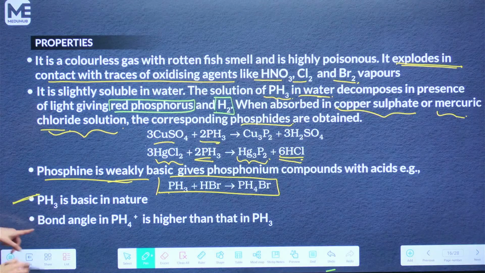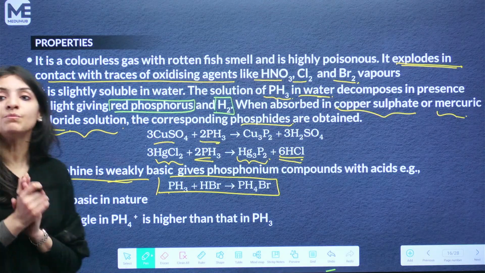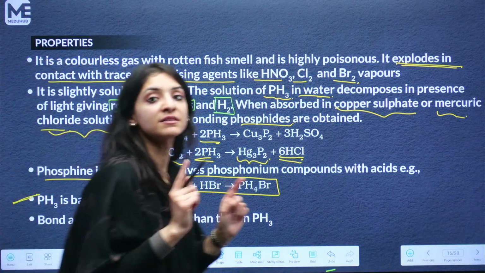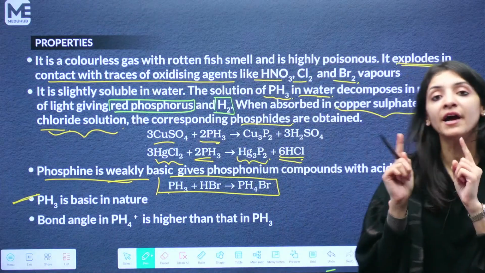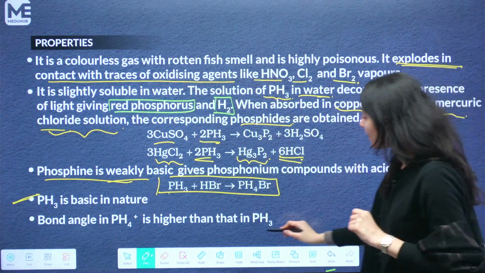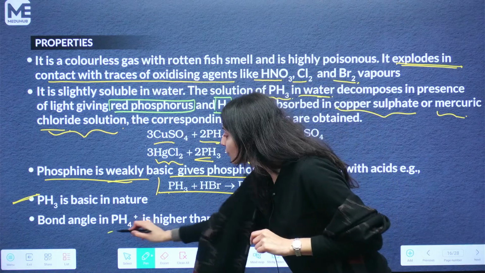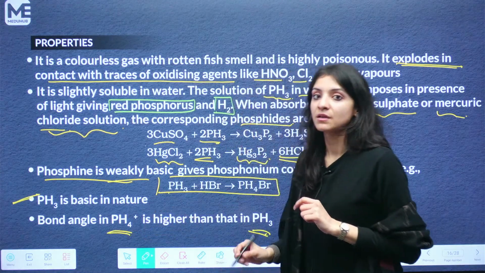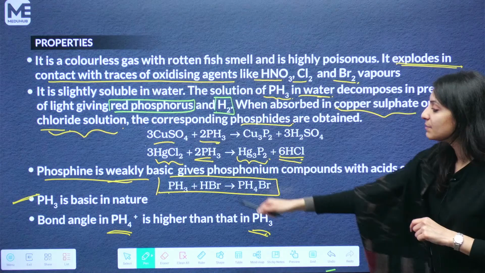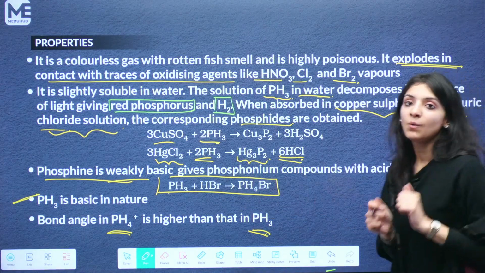Already done. Now another interesting thing is the bond angle in phosphine. So we have already discussed what is the bond angle in phosphine जब हमने hydrides किए थे. But if you compare phosphine with phosphonium ion PH4 plus, you will find that the bond angle in PH4 plus is higher. Why is that happening?